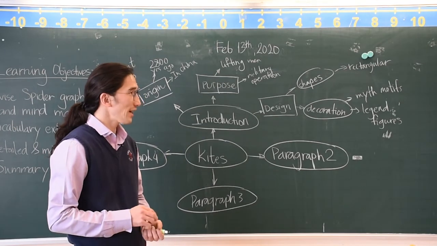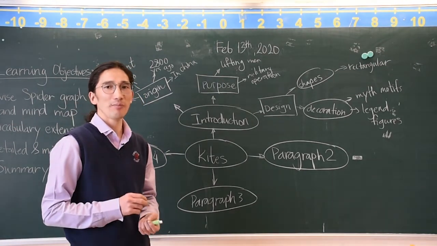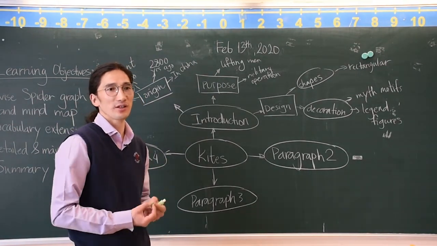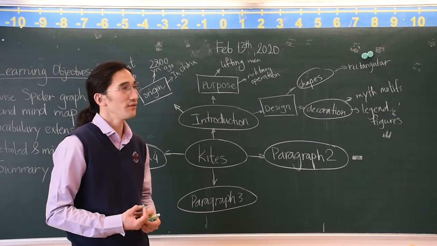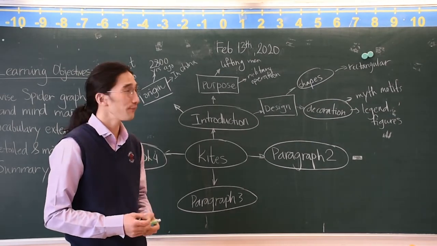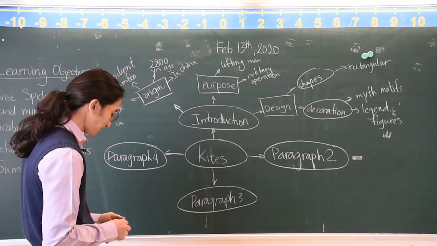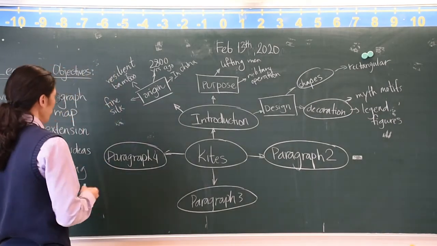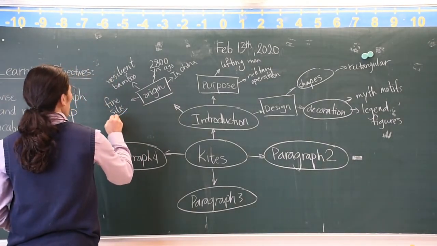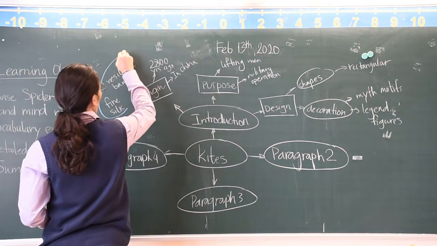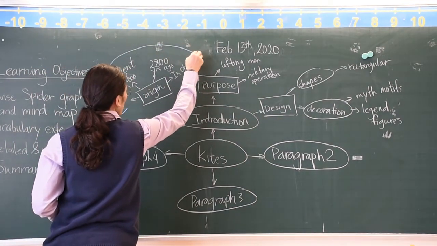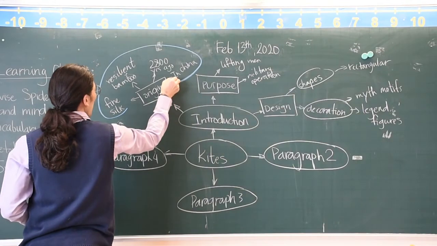Okay, so let's see how the mind map is connected or utilized for writing a summary. Okay, as you can see, fine silk, resilient bamboo, 2,800 years ago in China.